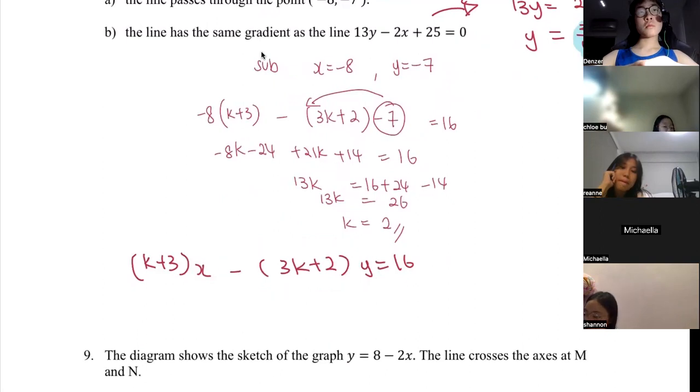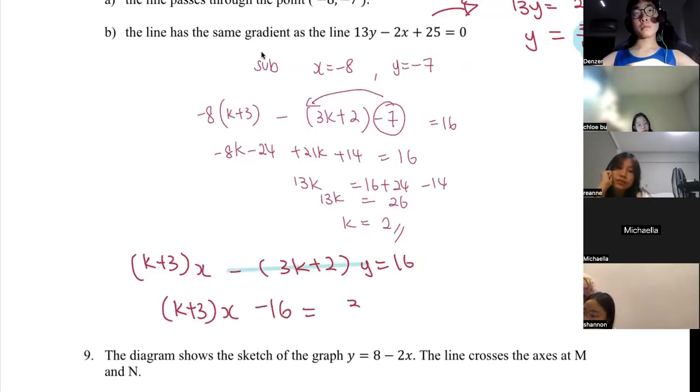But it's a negative, right? We don't really like negative. Can we shift it to the other side? I will shift this entire thing to the right-hand side, which gives me k plus 3 whole thing x minus 16 equals to 3k plus 2y.